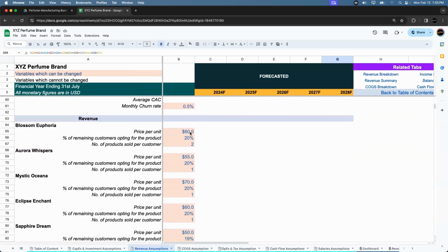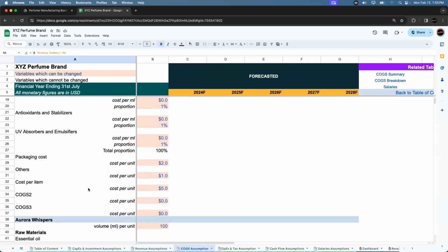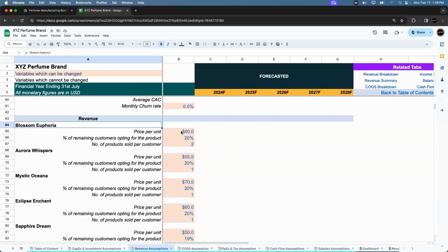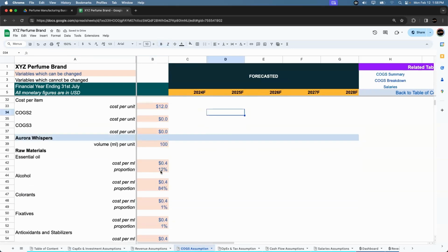For example, in here we have assumed that you are going to be selling this item, Blossom Euphoria, which is this item, for $60. You're going to be selling this for $60, and you're going to be buying this for $5. On top of that, you're going to be spending $1 on others and $2 for packaging. If it was 7 or 12, then it will obviously impact the profitability negatively.